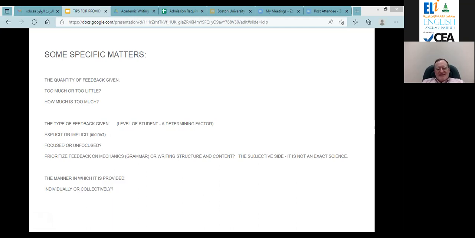Is it writing an essay in which each paragraph has a topic sentence, the ideas are coherent, there's logic, and the ideas are relevant? Then mechanics takes a back seat. It is of lesser priority.